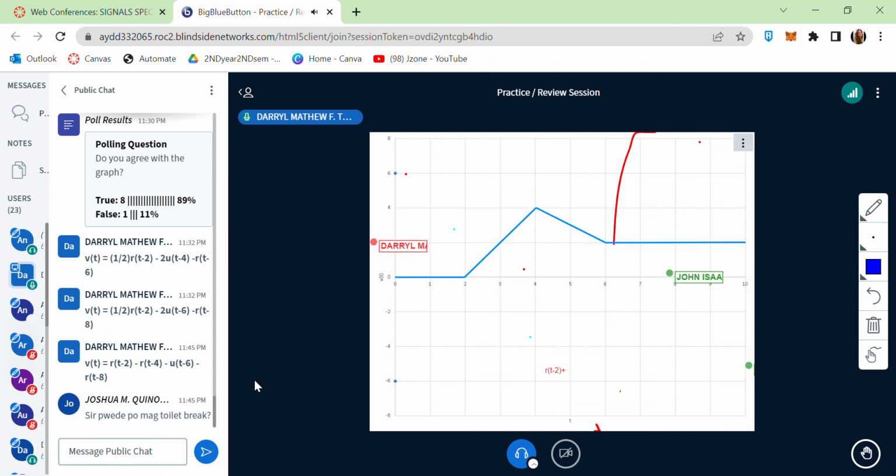Be mindful ulit of yung increments natin sa VIA. Hindi to increment of 1, increment of 2 to.